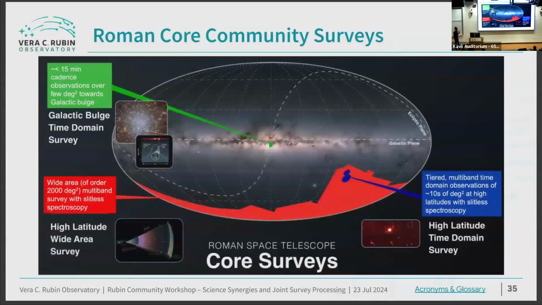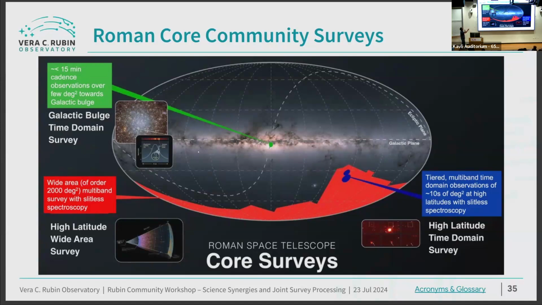This is a different projection of what we saw earlier. The area in the galactic south, that's where the wide area survey will do a multi-band imaging survey of about 2,000 square degrees to measure shapes of galaxies and photometric redshifts.